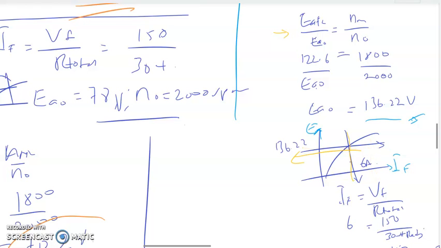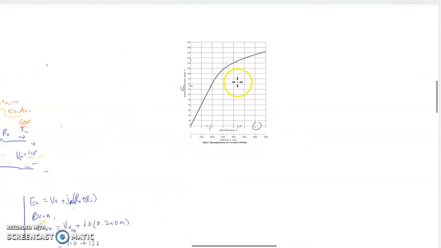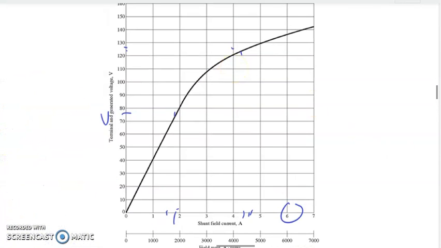So with 136.22 volt, if you refer to this graph, 110, 120, 130, 140. So 133 is around here, 130, 135, so it goes to here.